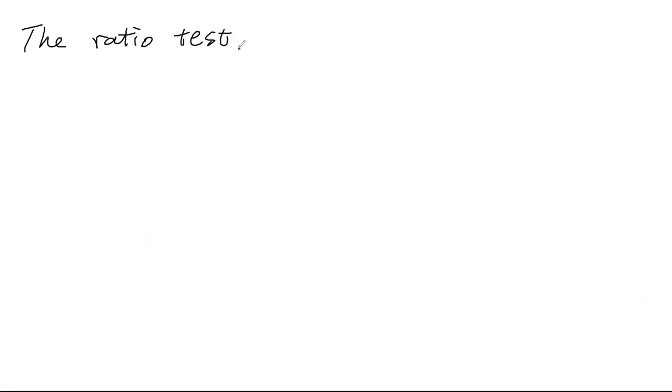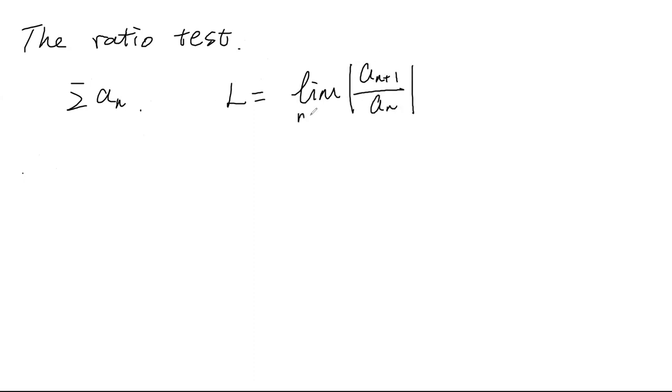Right. So the ratio test: suppose we have a series an. Now we let L be the limit of the absolute value of the ratio between two adjacent terms, a(n+1) divided by an, as n approaches infinity.